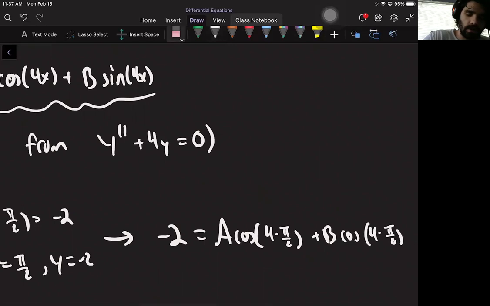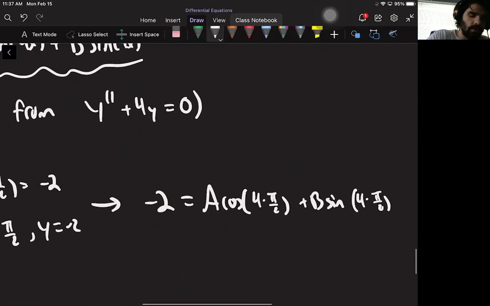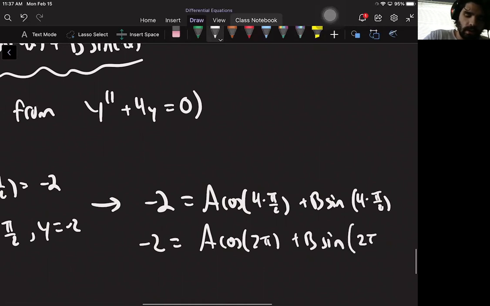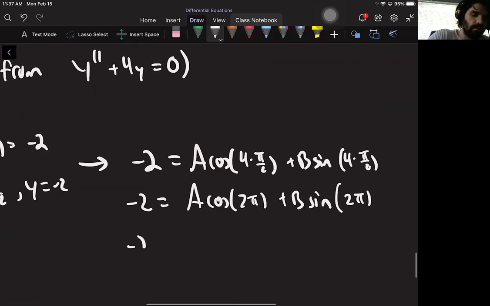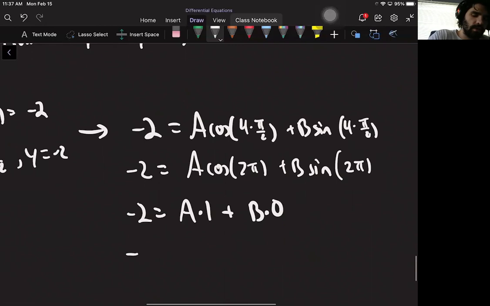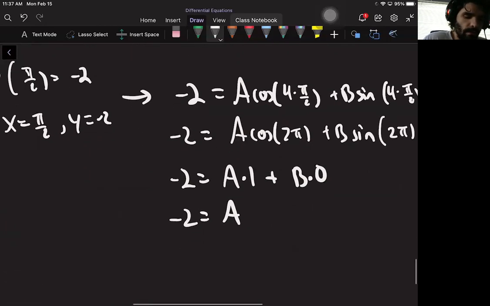Oops, I changed that to a cosine. That should be a sine. Okay, so we got to remember some trig. So this would just be 2 pi now. What is cosine of 2 pi? That's just a 1. And sine of 2 pi is 0. So actually this condition tells me what a is. It tells me that a is -2.